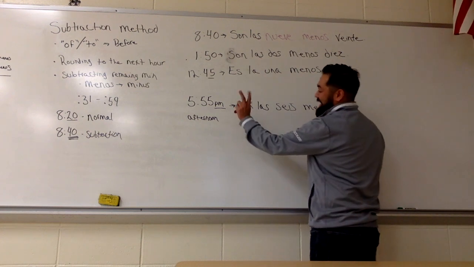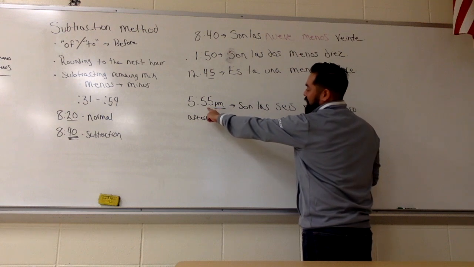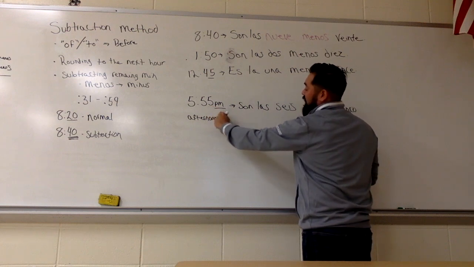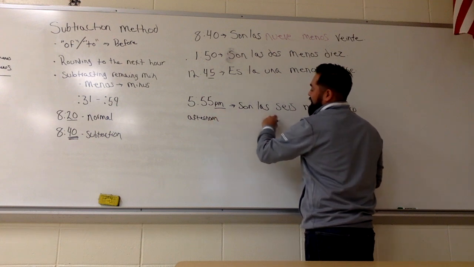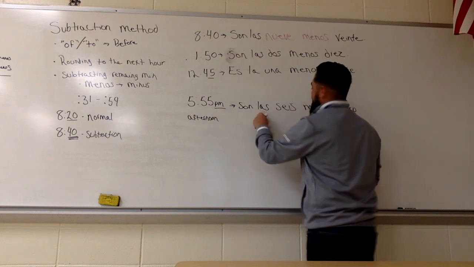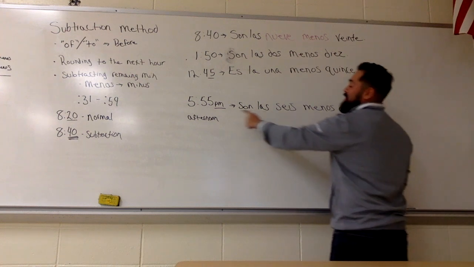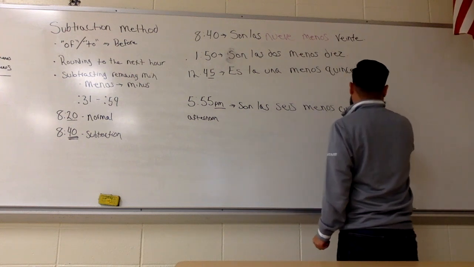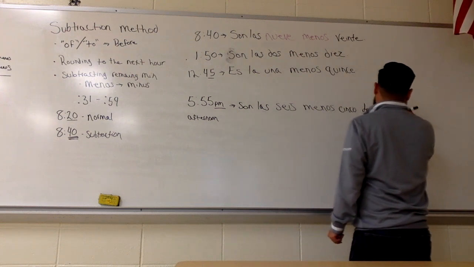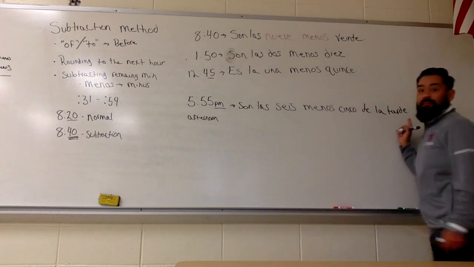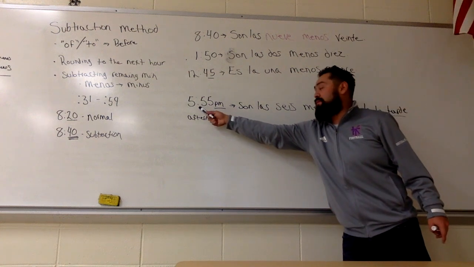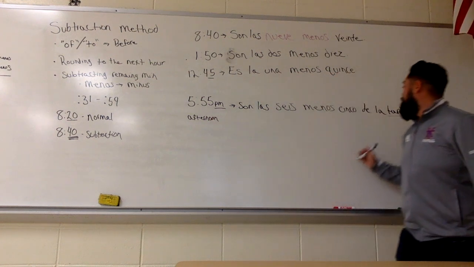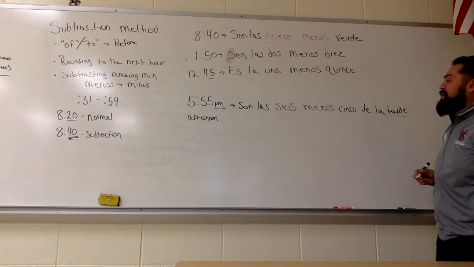Although it's going to be the evening in 5 minutes because our cutoff is 5:59, you stick with the original time that we're talking about. Because although we're rounding to 6, it's not 6 yet. We're saying it's going to be 6 in 5 minutes. So this would still be de la tarde because we're still talking about the afternoon. So this is important. You keep whatever the original time says for the AM, PM, you just treat that the way we've been doing the whole time.